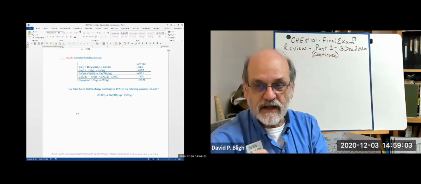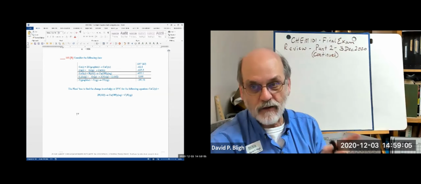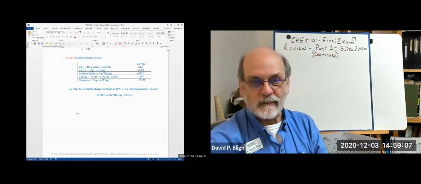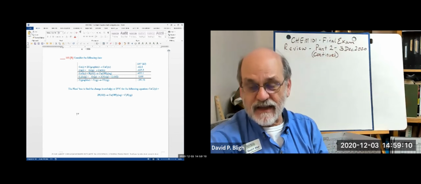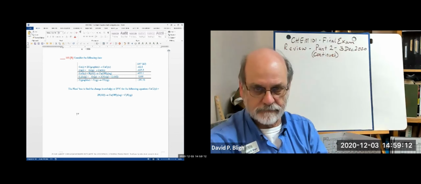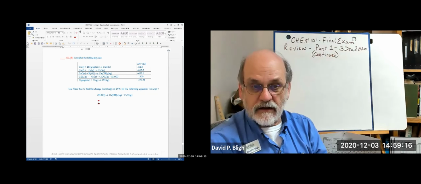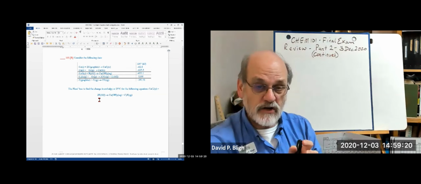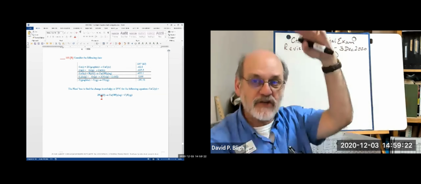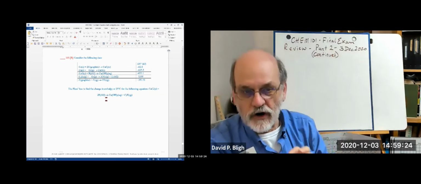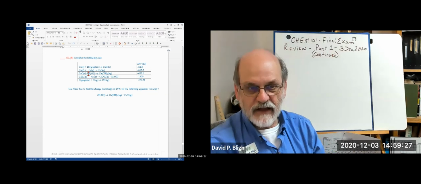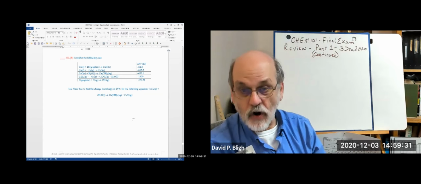The delta H is the same no matter what the route, because enthalpy is a heat potential. So that means we can write any number of valid equations into a summation to get the target equation. And that's what these are used for, to give you that target.